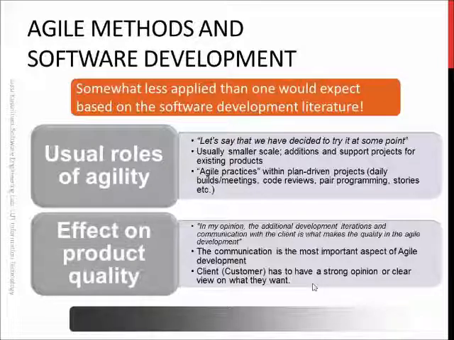when companies are doing small projects, but the main development cycles are more or less traditional approaches, or the Scrum sprints, the iterations, are so long that within one sprint you work with a more or less traditional approach.